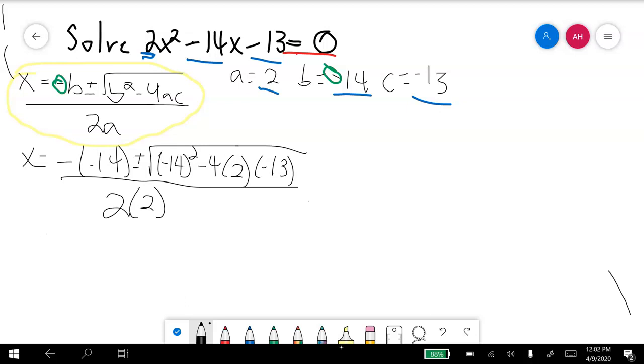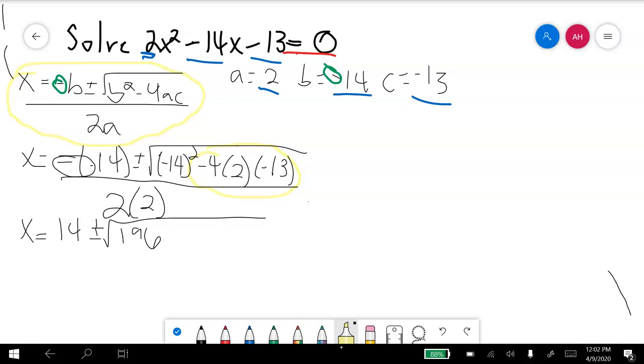So we're going to continue simplifying that. Negative and a negative makes that positive 14 plus or minus 14 squared is 196. And then when I'm doing this part, I just go straight across. Negative 4 times 2 is a negative 8.